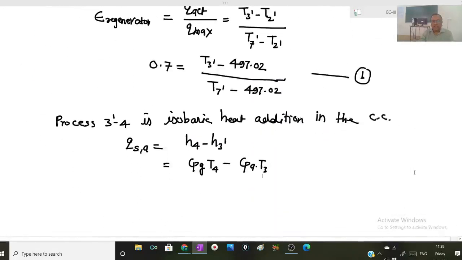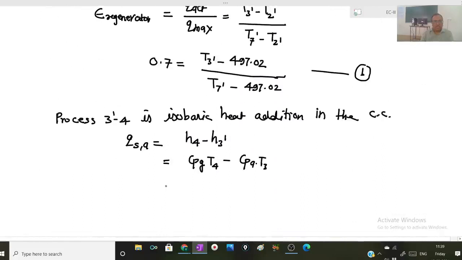So this way I can represent actually. But since I am considering CPG is equal to CP air, I can write it as CP into T4 minus T3.